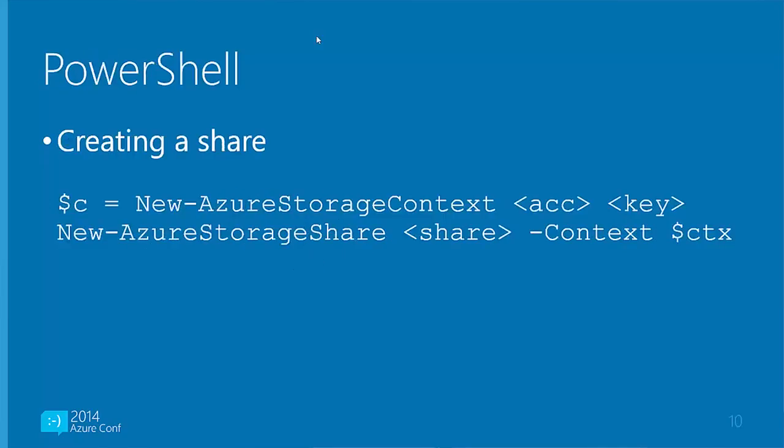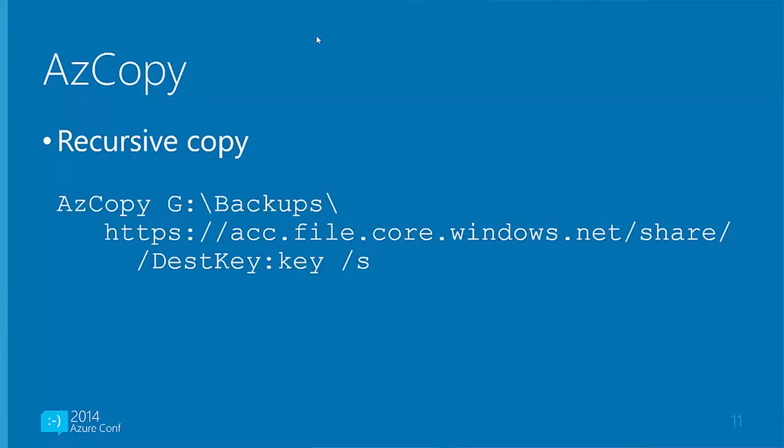Once you have your share, you can start using it. An example could be that you use the AzCopy tool, the Azure copy tool, which is available in the Azure SDK. You could use this tool to copy full directories from your on-premises servers to an Azure file share.